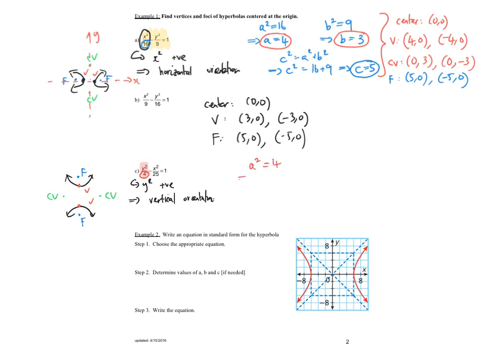So a squared is 4, giving a is 2. B squared, in this case, must be the other denominator, 25, giving us b is 5. We can thus calculate using our relationship that c squared is 4 plus 25, giving c is square root 29, which for approximation's sake lies somewhere between 5 and 6.